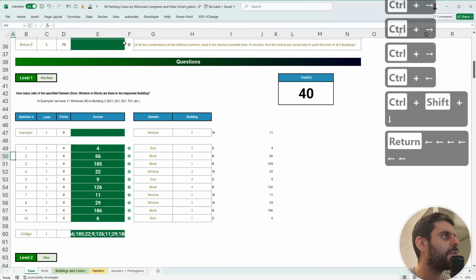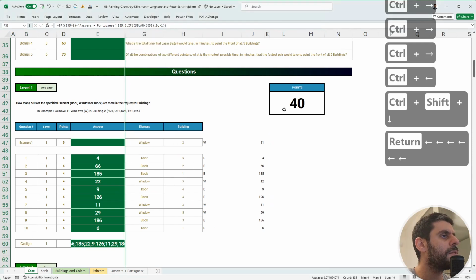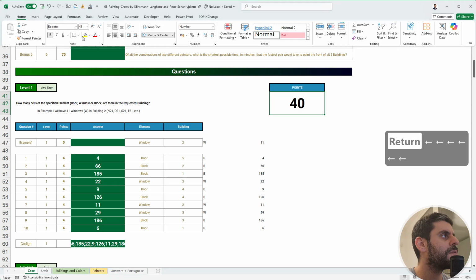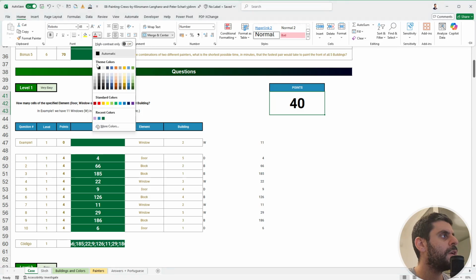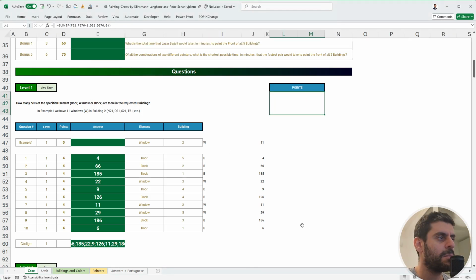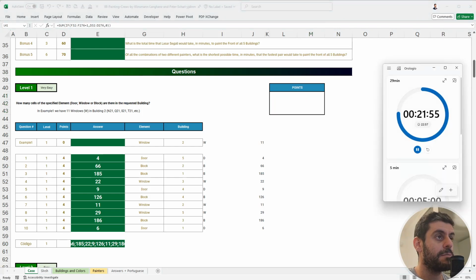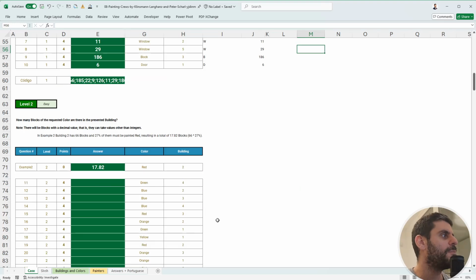Okay, seems right. I need to hide, of course, this thing. Hopefully this setup will give me some advantage because I spent a lot of time on this.